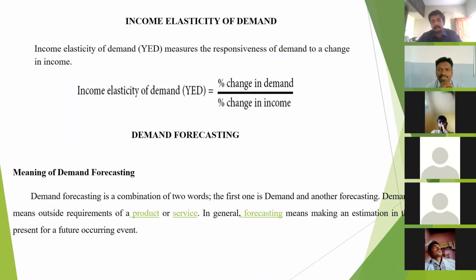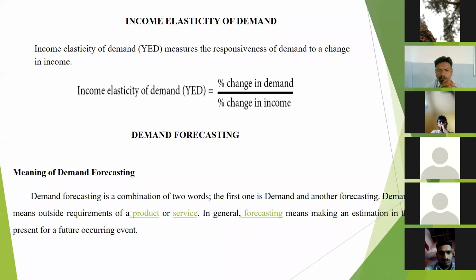If both the variables are moving in the same direction, that is directly proportional. If both the variables are moving in different directions, that is inverse. If you take the example of price and quantity demanded, both will not move in the same direction. If price goes in the upward direction, demand will go in the downward direction.